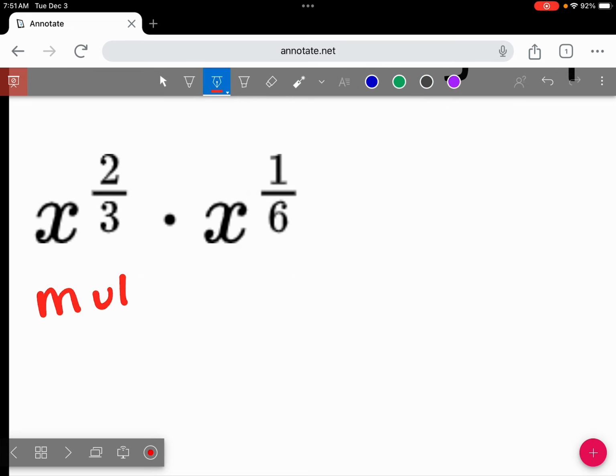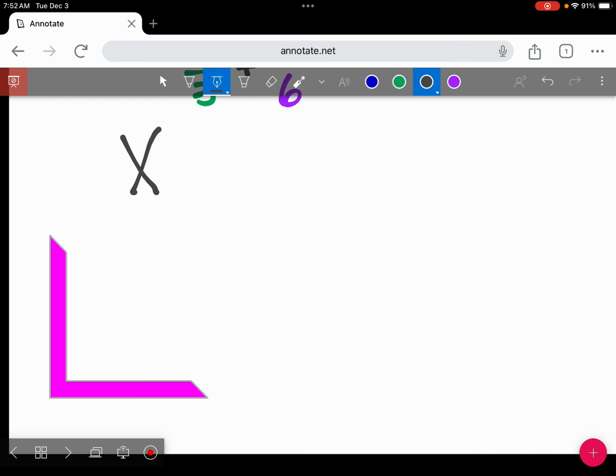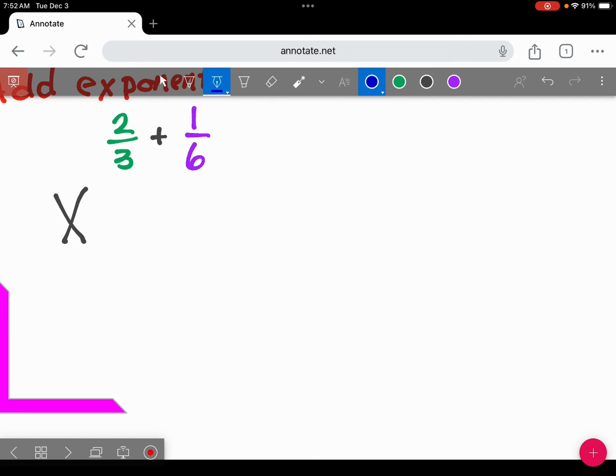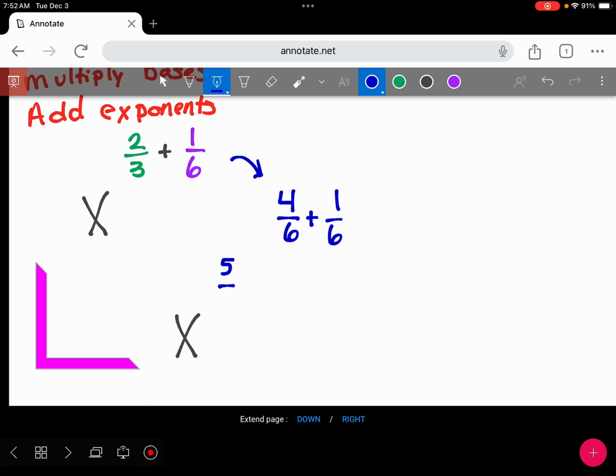So we need a common denominator. 2/3, I could multiply up to a denominator of 6. Taking our exponents over here, I can write this as 4/6 plus 1/6. So this is going to be x to what power? 5/6.